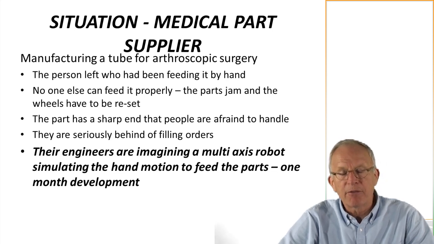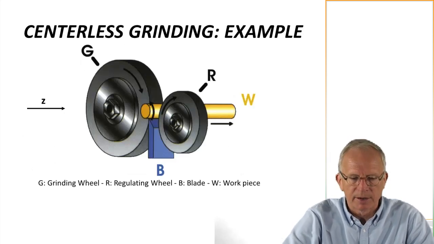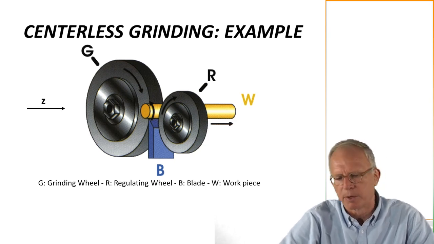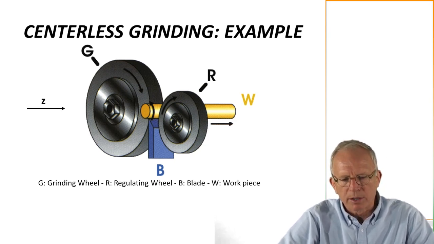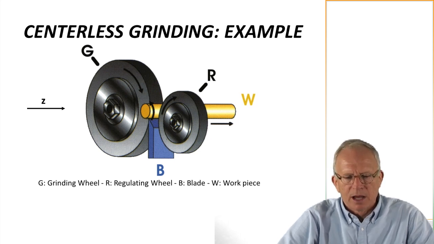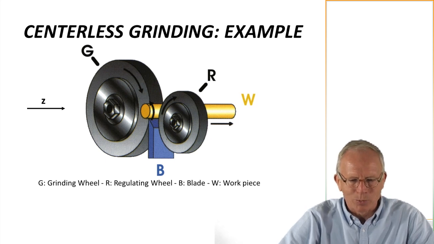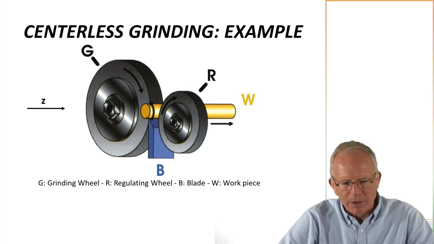So the person who had been feeding this centerless grinder, and let's take a look at the centerless grinder here for a moment again. The part is a cylinder, the yellow thing, W, that gets turned around by a regulating wheel, R, and it's ground by the grinding wheel, and it's supported by the blade.